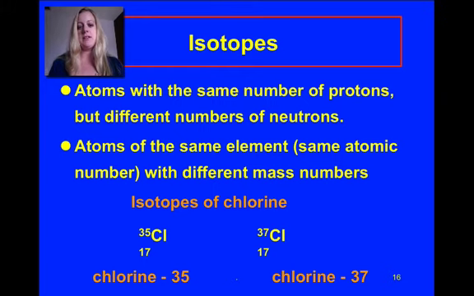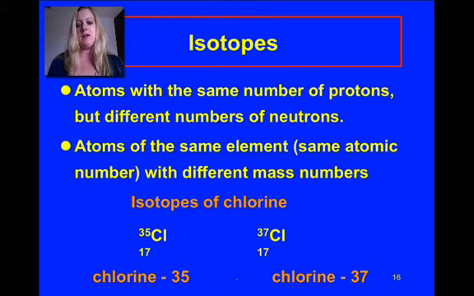All right, so let's look at the bottom here, isotopes of chlorine. Normally on the periodic table, chlorine has a mass number of 35 and an atomic number of 17. But an isotope of chlorine could have 37 as a mass number and 17 still as the number of protons, because remember, if we add a proton or we take away a proton, that means it's no longer chlorine, it's a different type of atom.